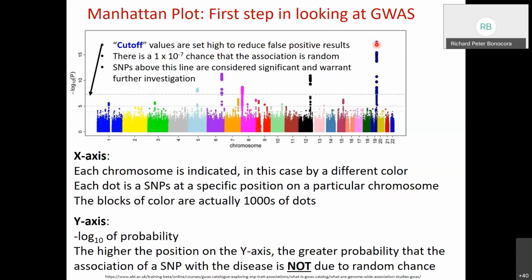It doesn't mean that's a particular gene. It's just this polymorphism, a difference that can occur. In this case, that particular kind of difference is very likely to be associated with having this disease. So it brings you to a region of the DNA.